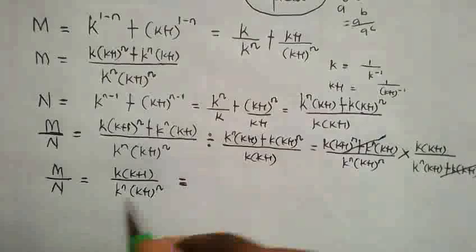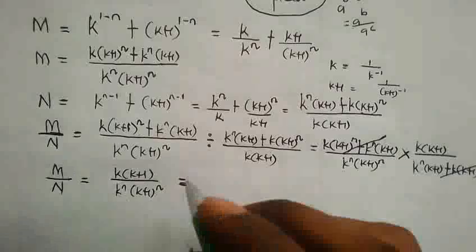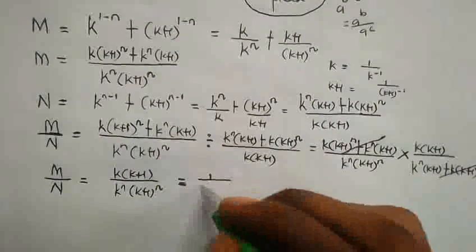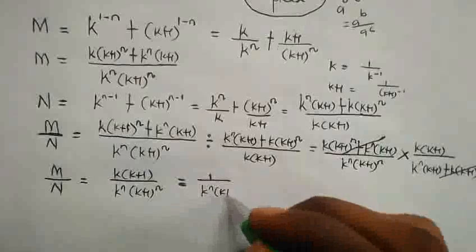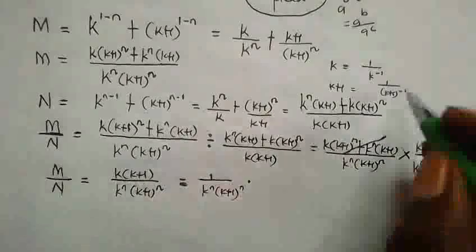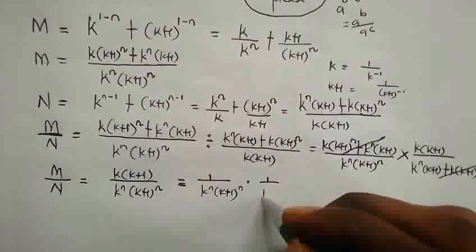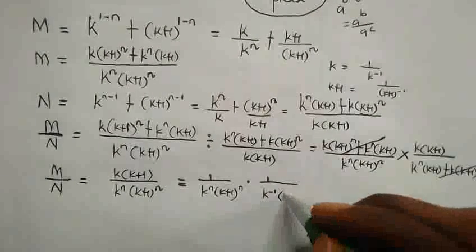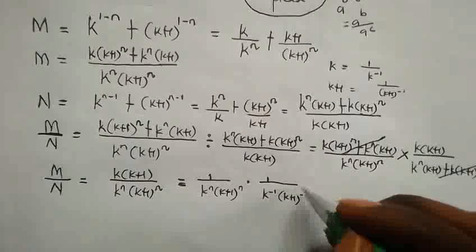So we are going to multiply. Okay, let us do that first. So right over here we have 1 over k^n (k+1)^n, times, so this numerator, writing it as follows, k^(-1) times (k+1)^(-1).